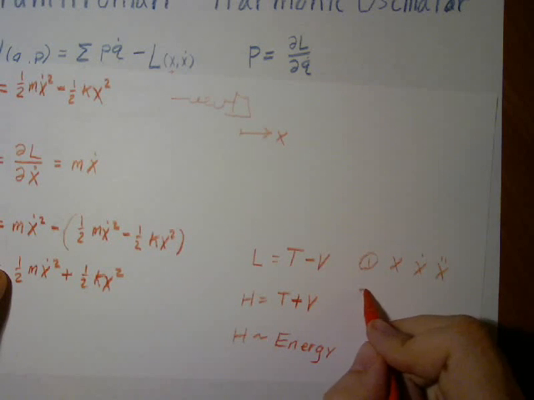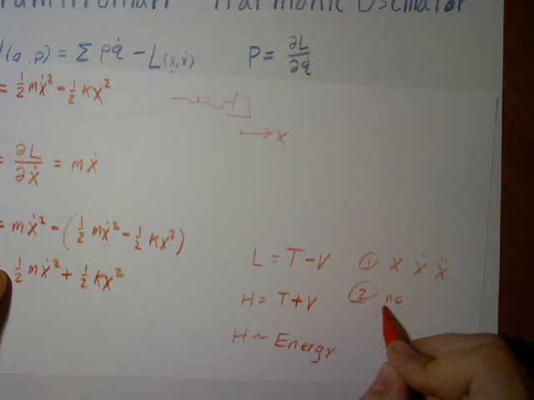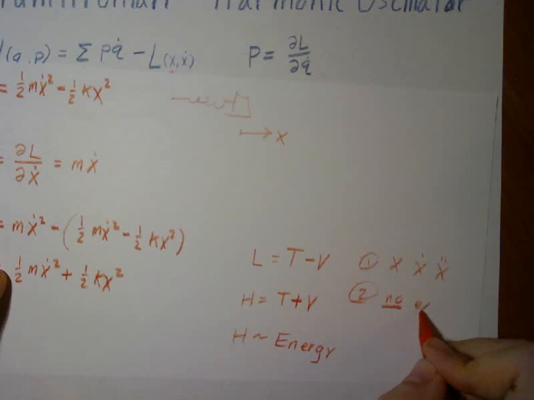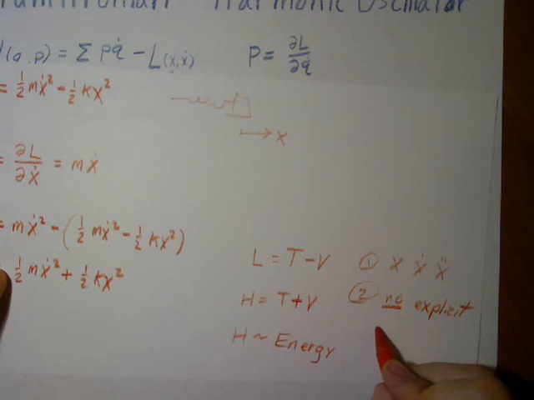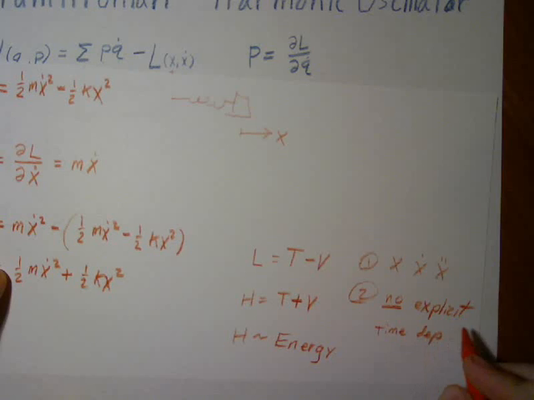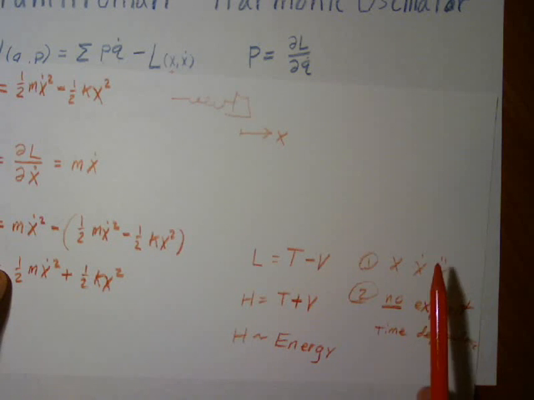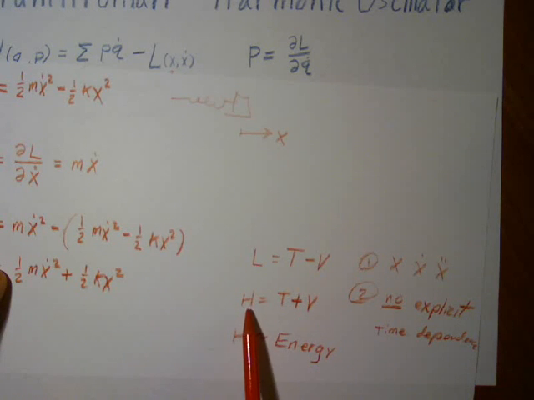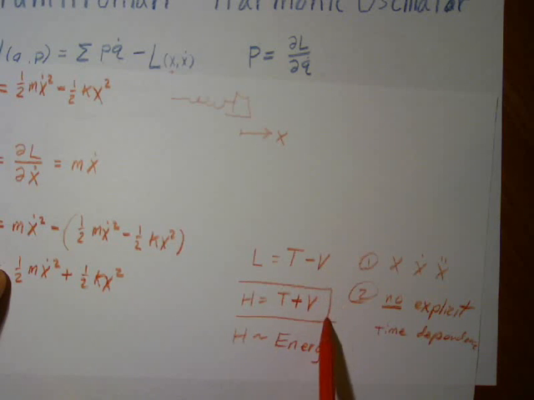Second, that there is no explicit time dependence. If we can satisfy those two, then we can just write H equals kinetic energy plus potential energy.